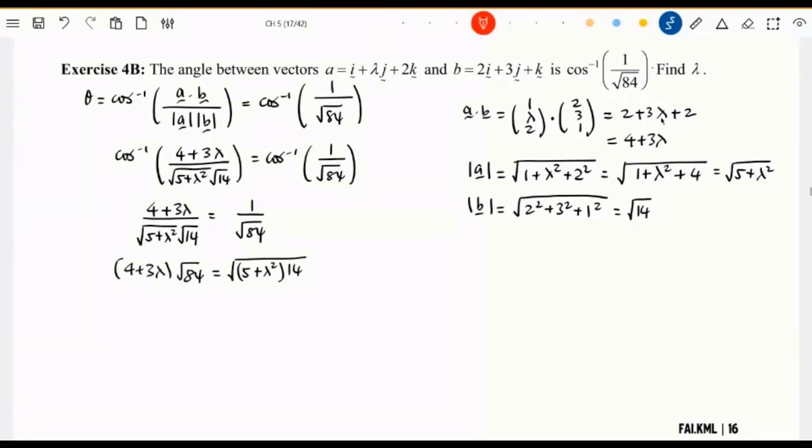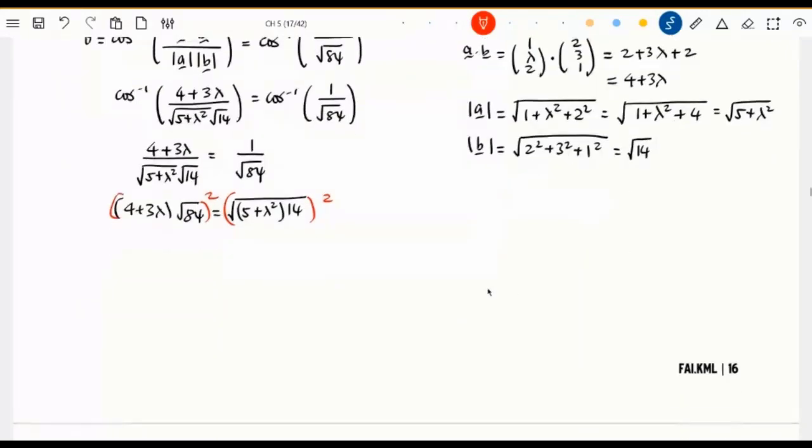Okay, so at this point to get rid of the square root, kita square both sides. Okay, so we gonna have 84 itself. So dalam bracket ni akan jadi 16 plus 24 lambda plus 9 lambda square. So yang ini akan jadi 14 times 5. Dapat berapa? 14 darab 5 which is 60 betul tak? 70, sorry. 70 plus 14 lambda square.